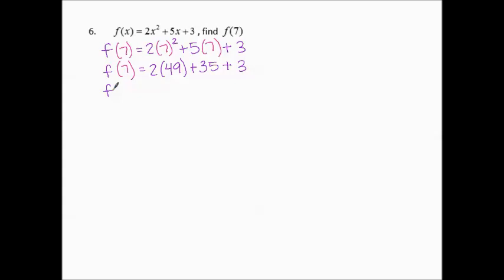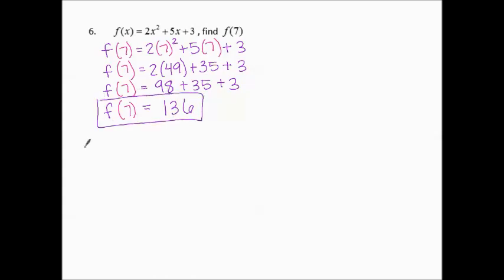So f of 7 is equal to 2 times 49 gives me 98, plus 35, plus 3. And lastly, I'm going to write f of 7 is equal to my total of 136.